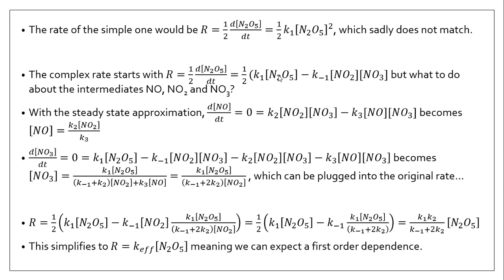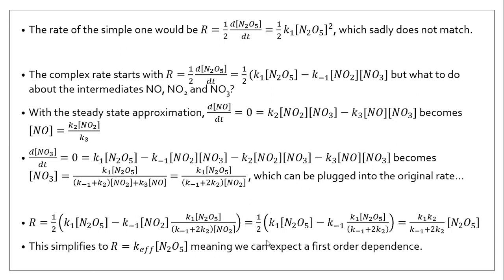So the rate of this now, we have NO2 and NO3, plugging back in: 1/2 times k1[N2O5] minus k-1[NO2] times k1[N2O5] over k-1 plus 2k2 over [NO2].